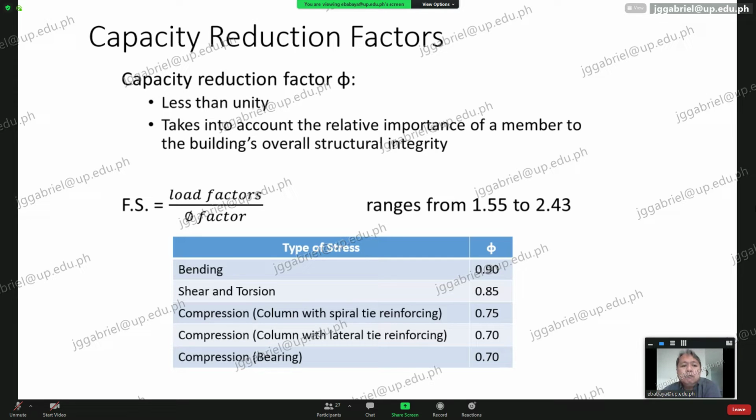Now you compute for the capacity or the strength of your structural member, and then you reduce it by a reduction factor. And therefore, for the factor of safety, the load factors you multiply, and then divide by the phi factor. So therefore, the factor of safety ranges from 1.55 to 2.43, if you're going to compare this with the working stress method.